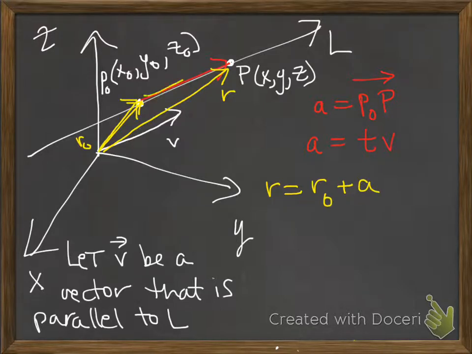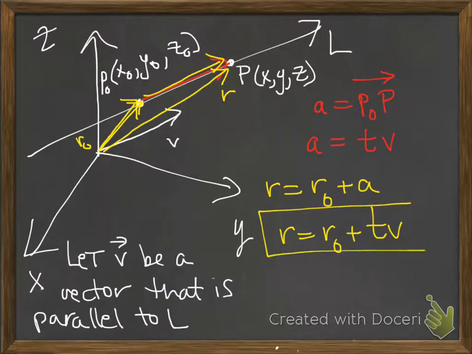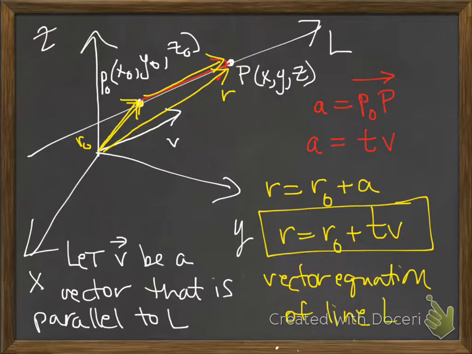R naught plus vector A gives me R. And if we want to write it in terms of the vector that we do know, V, this becomes r equals r naught plus tv. And this is my vector equation of my line L. Okay? So my vector equation, notice, has a parameter of t.